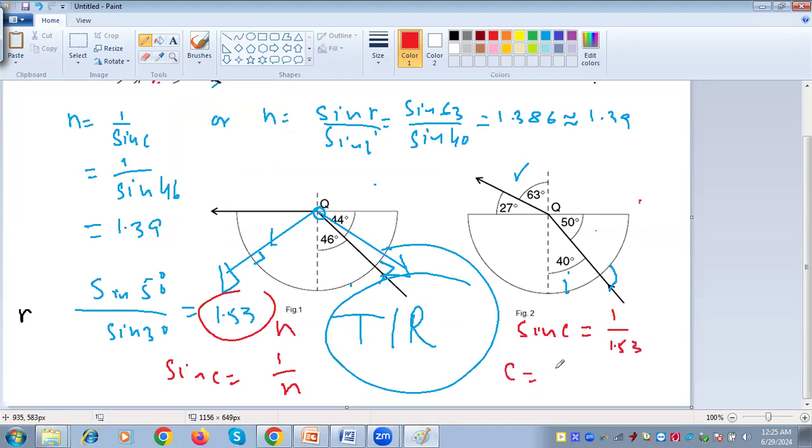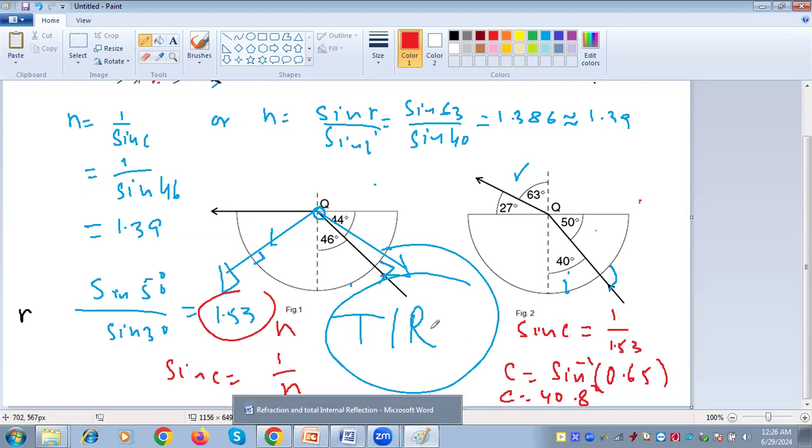C equals sin inverse of 1 divided by 1.53. It is coming 0.65. So C is 40.8 degrees. For these types of calculations, your calculator must be set at degrees.